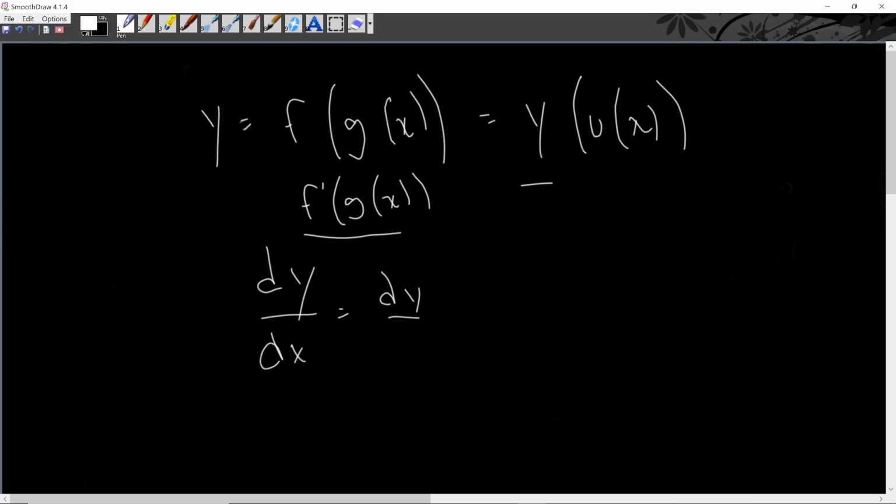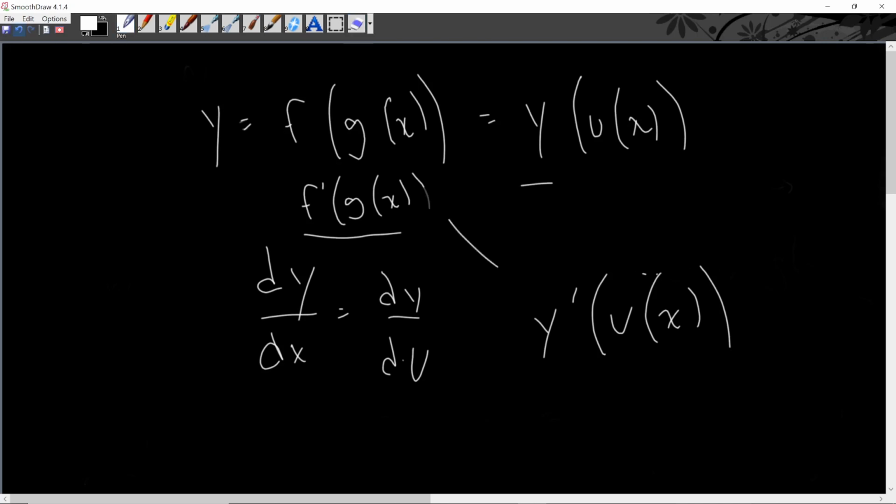So this is going to be dy du, right? This is the derivative of y with respect to its input. I know I just did some truly awful circles, but I think you get the idea. Dy du is going to be similar to y prime u of x, which is the same notation that we had right there.